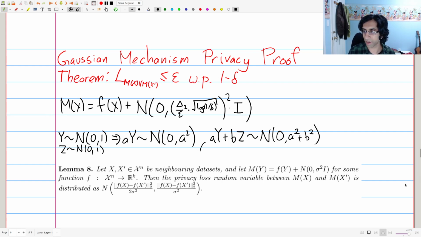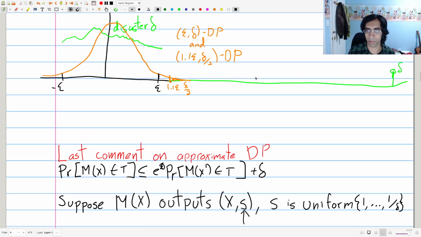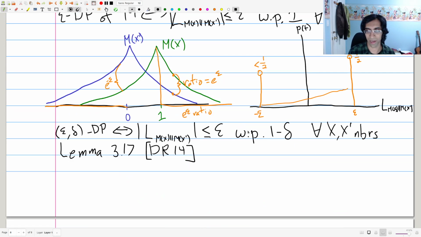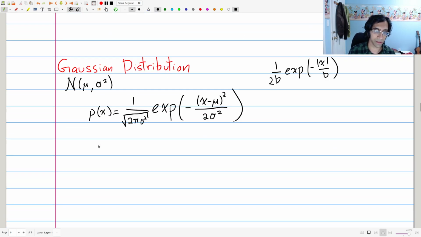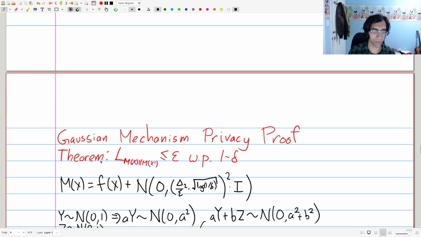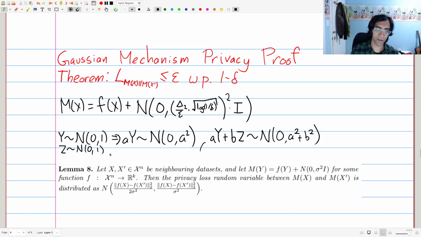When we looked at the Laplace mechanism, it was kind of weird: you had this odd point mass. But for the Gaussian mechanism, it's going to have quite a nice privacy loss random variable. It is in particular going to be a Gaussian with kind of weird parameters, but we'll get to that. Step 1 is to show that this random variable is a Gaussian, and then once we know it's a Gaussian, all we have to do is use standard Gaussian tail bounds to prove that it's bounded by epsilon with probability 1 minus delta.